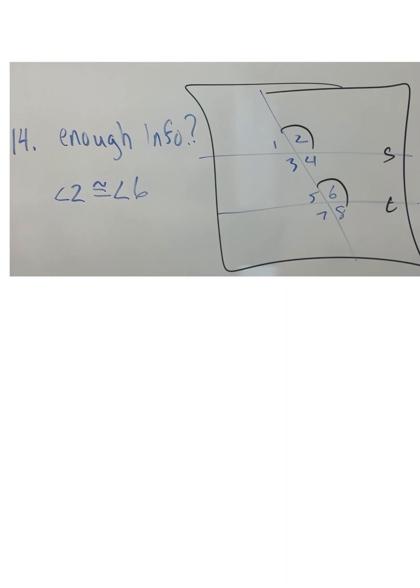What are those two angles to each other? Corresponding angles, converse theorem. So if you're trying to prove that two lines are parallel, you have to add the word converse behind it. Anyway, that's not on the quiz, but it'll be on the test.